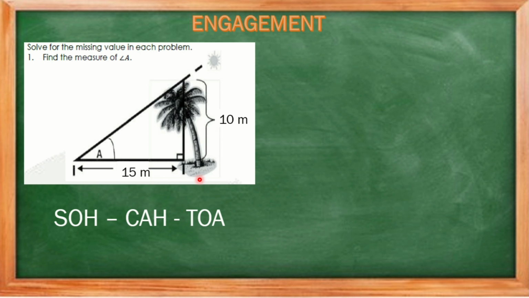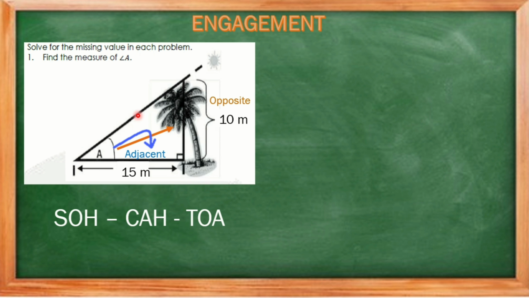So, dito sa problem number 1, dahil ang kailangan nating hanapin ay angle A, ito yung magiging reference angle natin. And with respect to this angle, ang kaharap niya, sa this side, yan yung opposite side natin. And yung side naman na katabi niya, ito yung adjacent side niya. So, malamang hindi ito yung side na yon dahil ito yung hypotenuse natin.